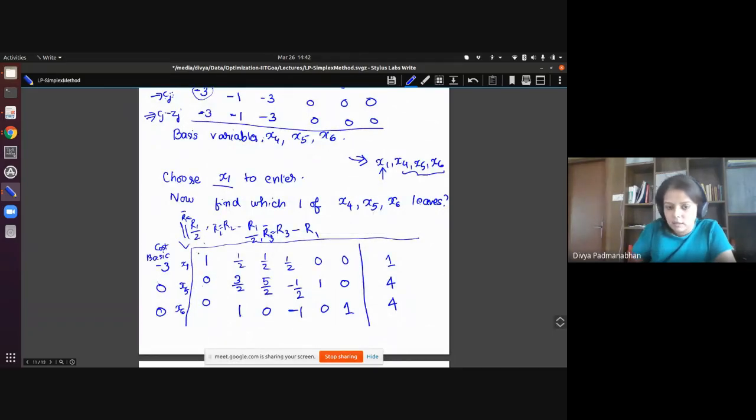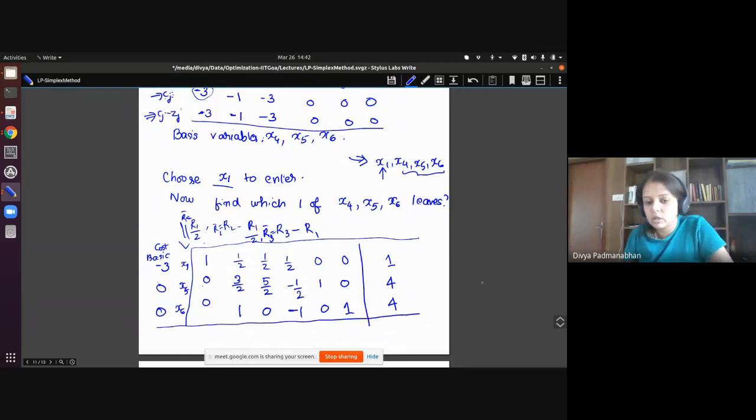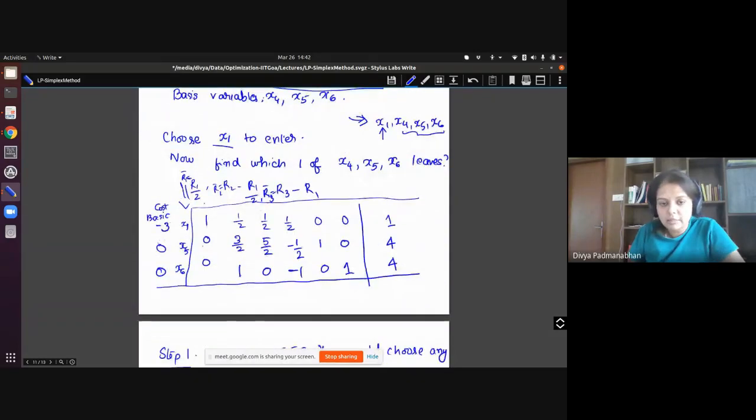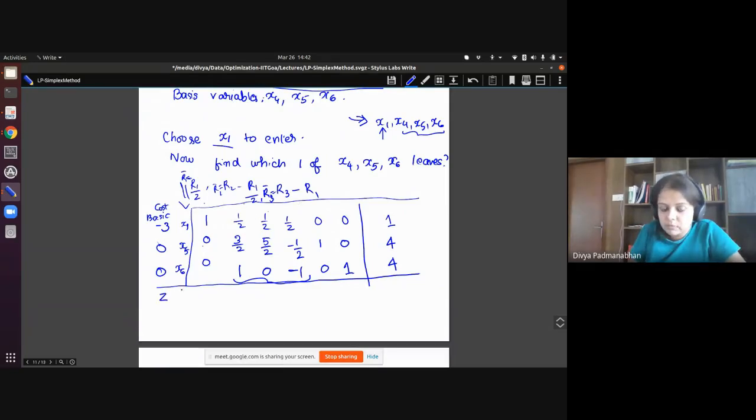Okay, so now let's compute the zj's at this point. The non-basic variables are these, so let's compute it for these 3 columns, the second, third, and fourth columns. Can someone tell me the zj values? You multiply this times this, plus this times this.